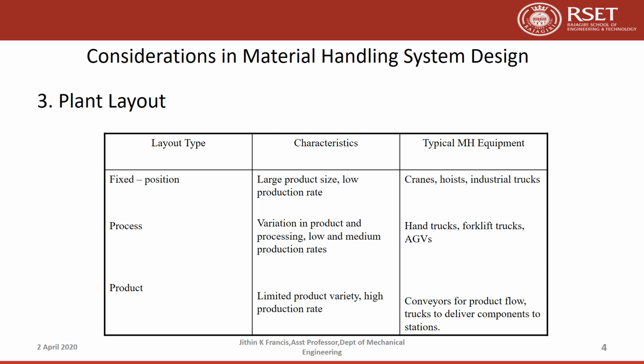Now if it's a process type of layout, where there is a variation in the product and processing and low and medium production rates, you can go for hand trucks, forklifts, then automated guided vehicles. Now if it's a product type layout, that is limited product variety with high production rate, conveyors for product flow and trucks to deliver components to stations. This can be very prominently seen in the automobile industry.